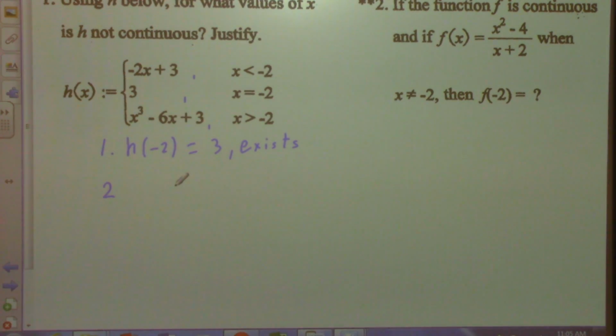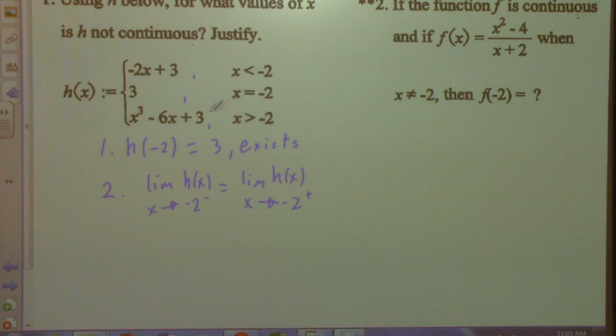Condition 2, what are we trying to look for? If the limit exists. So we write down the limit as x approaches negative 2 from the left side of h of x equals the limit as x approaches negative 2 from the right side of h of x. And so what do we do for that?